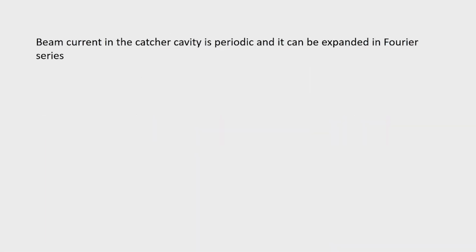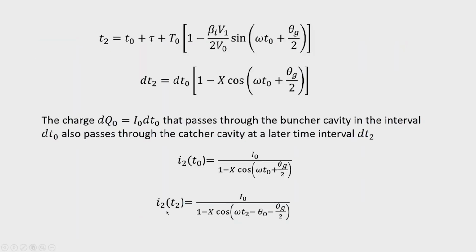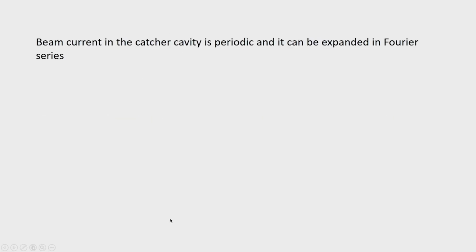The beam current in the catcher cavity I2, as we have just seen, is periodic, and therefore it can be expanded in a Fourier series.